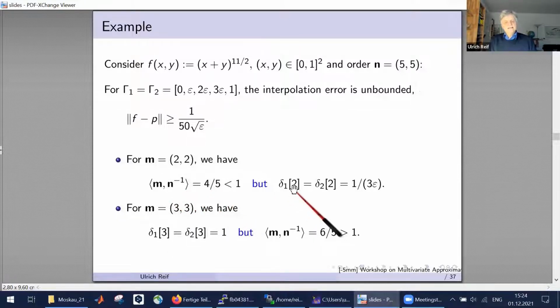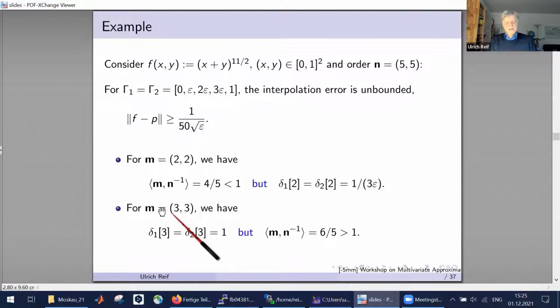But these least distances are both 3 epsilon, because if you skip 2 intermediate values, you get from 0 to 3 epsilon. This is a typo in the slide, it should be 3 epsilon, not 1 over. The least distances are small, so that the constant becomes big. Yeah? And you see that here, it cannot be bounded independently of epsilon.